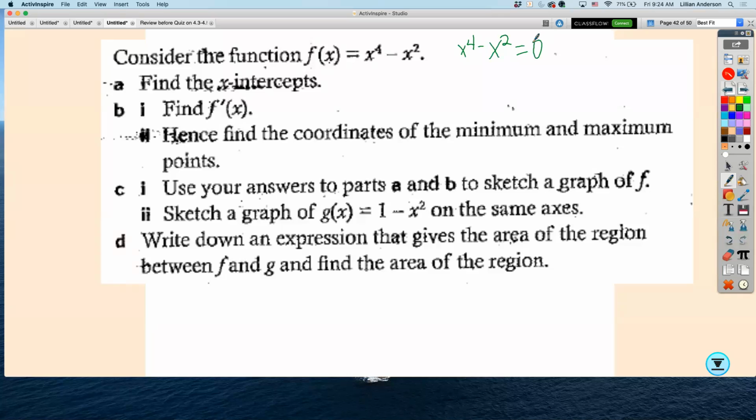How do I solve that? I would factor out an x squared. Don't forget, and then set both equal to 0.